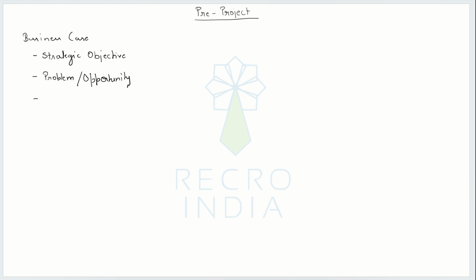Now, the next aspect of the business case will be about the different business options that might exist. Commonly, we might have something like do nothing, which is, it's okay.